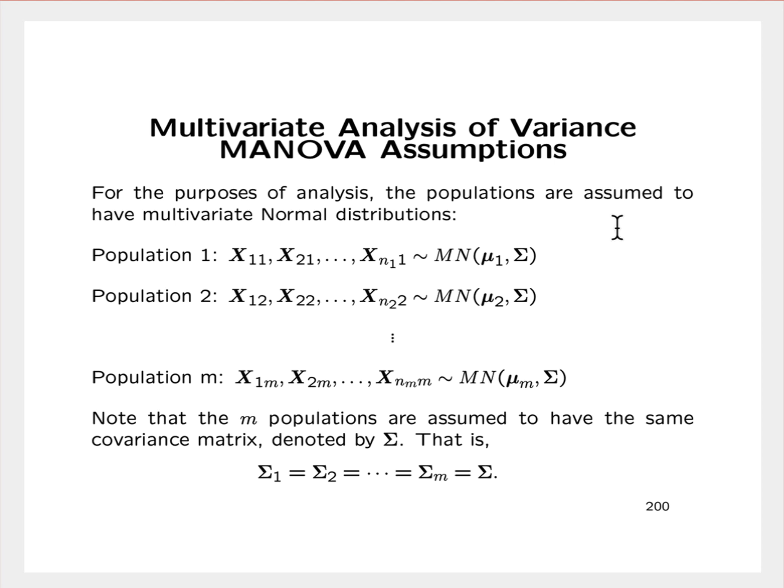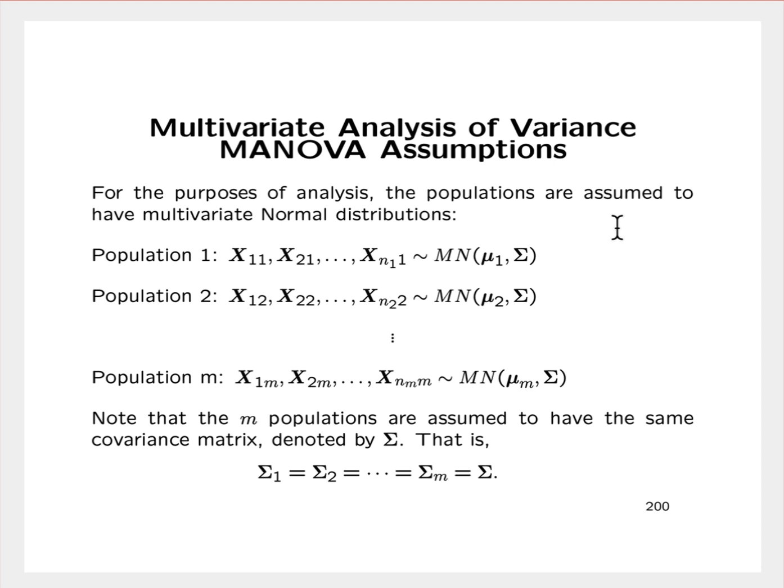Okay, so let's look further at the assumptions that are built into a multivariate analysis of variance. Let me say, we'll call it a standard multivariate analysis of variance. When I say that, what I mean is the way that most MANOVA procedures are coded into statistical software would correspond to what we're calling the standard MANOVA procedure.